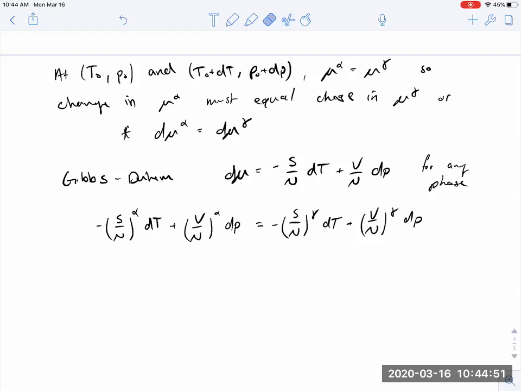So from this equation with the Gibbs-Duhem definition for the chemical potentials, I find this equality.